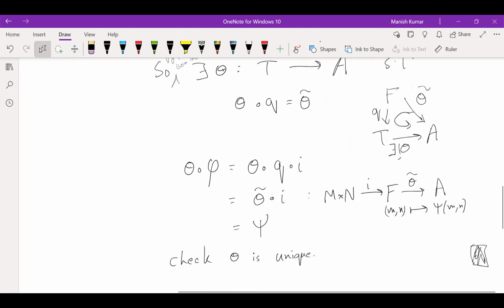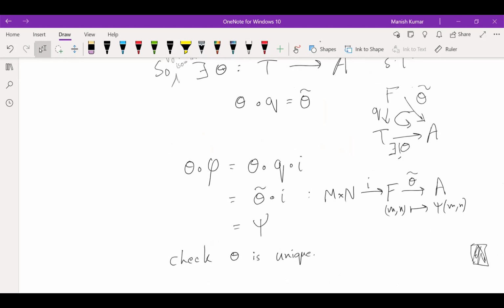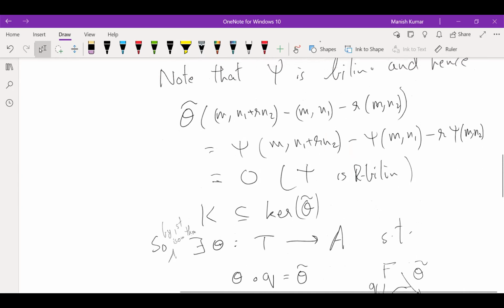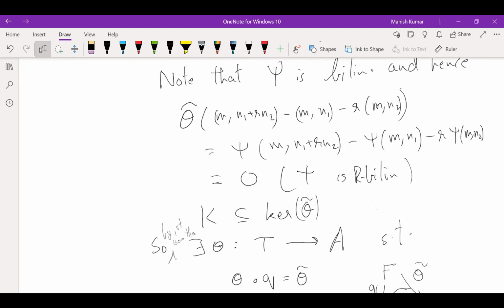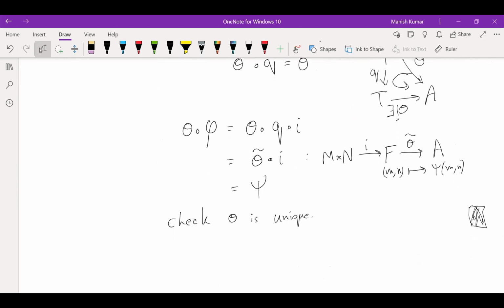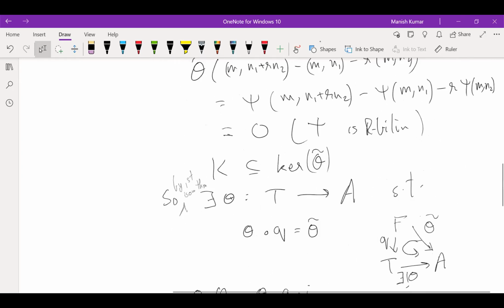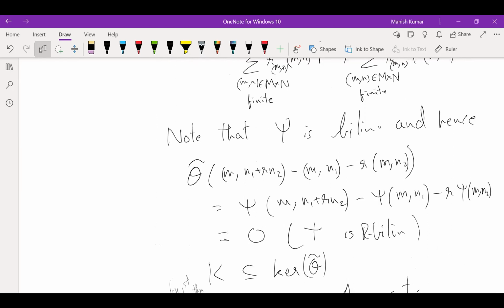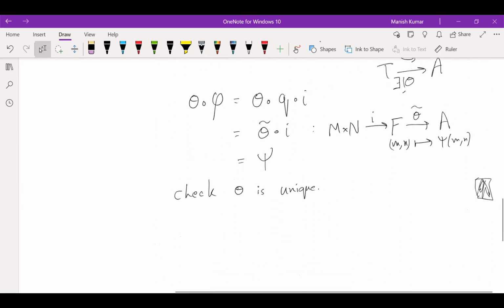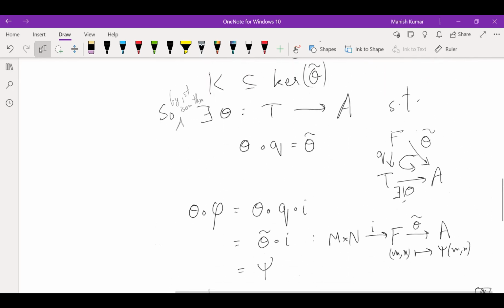You still have to prove the uniqueness of theta, because you started with some map, then theta tilde, and then constructed theta. So you can check that theta is unique.